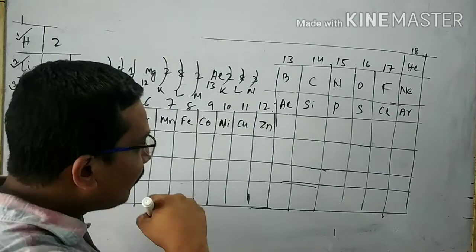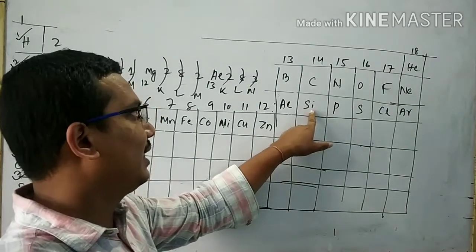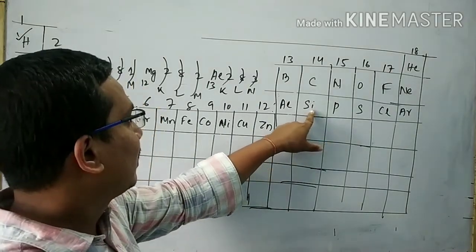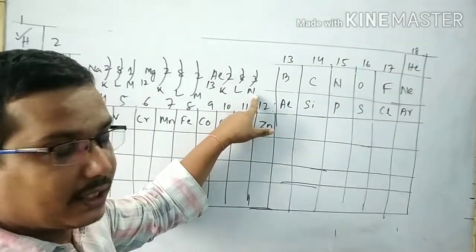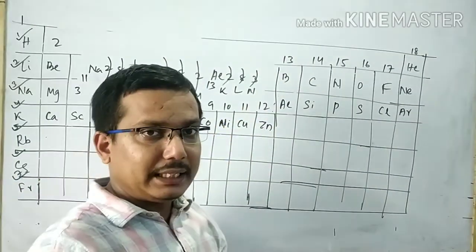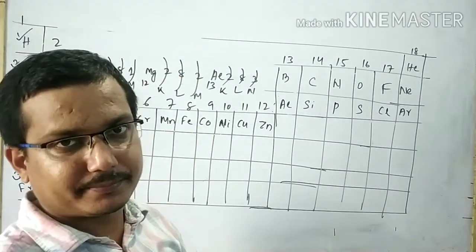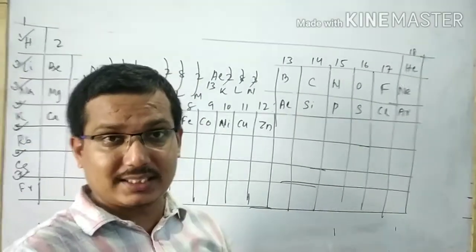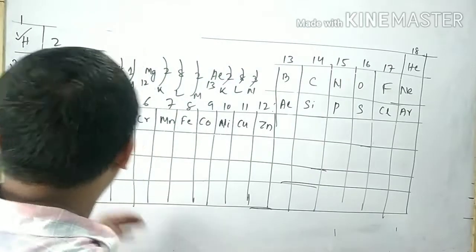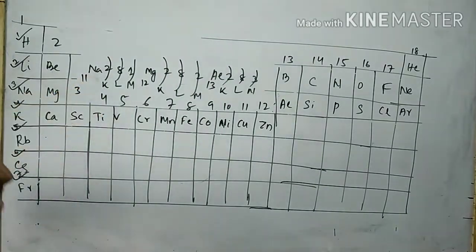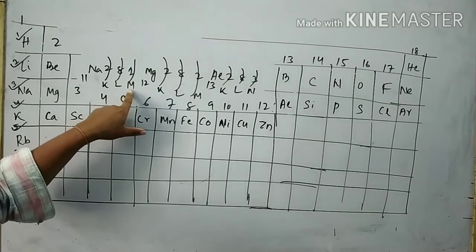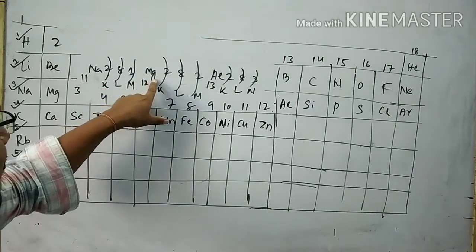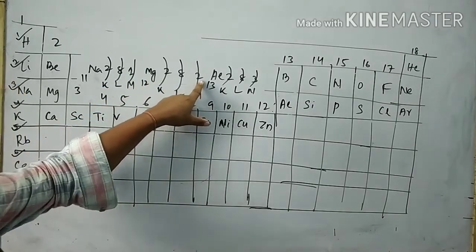If I draw the electron configuration of silicon, then the M shell is gradually filled up. There is no increase of the shell. At first, in case of sodium, the first electron entered into the M shell. In case of magnesium, the second electron entered the M shell.